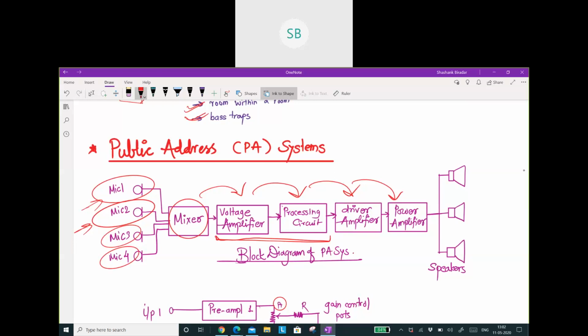Basically, it is the master control, so you can increase the amplification of all the inputs simultaneously, or increase the gain of each input one by one. Again, there are provisions to control the bass and the treble. So what are bass and treble?